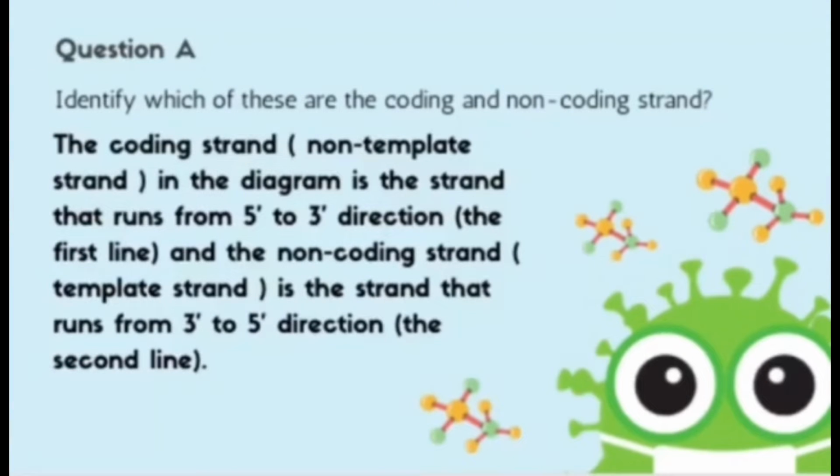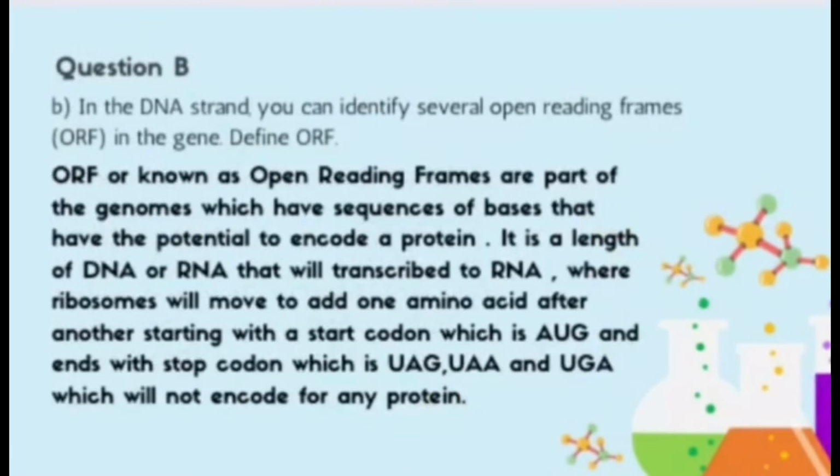So now we're going to question B. It is stated in question B that in the DNA strand, we can identify several open reading frames, ORF, in the gene. So it asks us to define ORF. ORF, or open reading frames, are parts of the genome which have sequences of bases that have the potential to encode a protein.